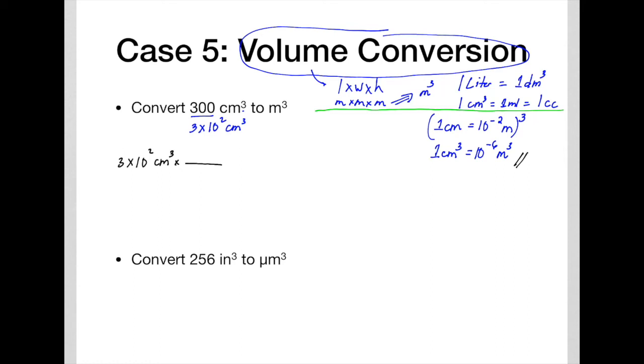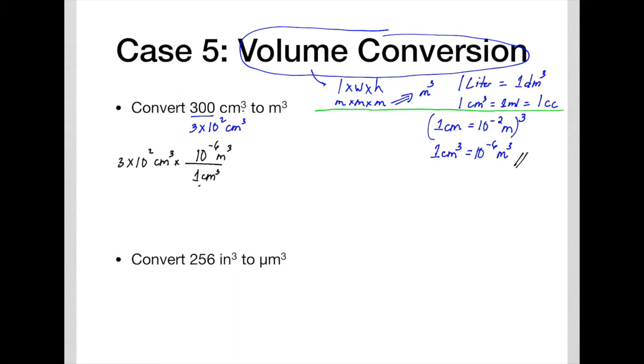Definitely, this 1 centimeter cube will be placed here at the bottom in order for us to cancel, and then this meter cube will be placed on top in order for us to cancel. So we have here 1 centimeter cube, and then 10 raised to negative 6 meter cube.